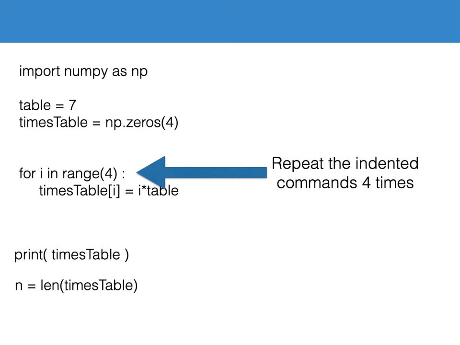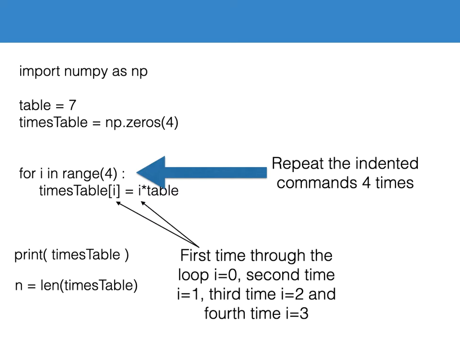Furthermore, the fact that we have written for I in range means that the first time we go through the loop, I equals 0, the second time I equals 1, the third time I equals 2, and the fourth time I equals 3.